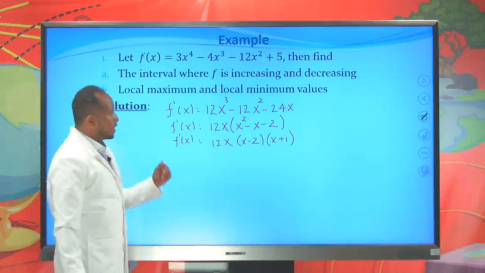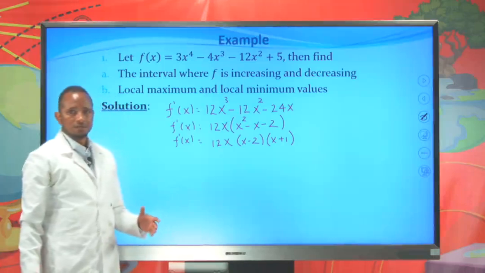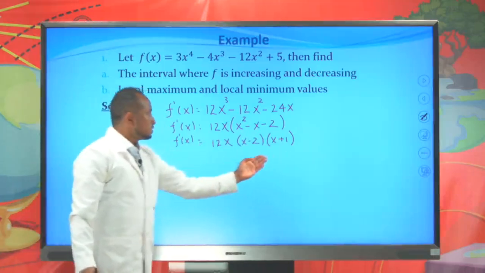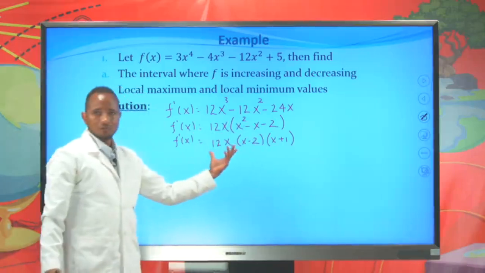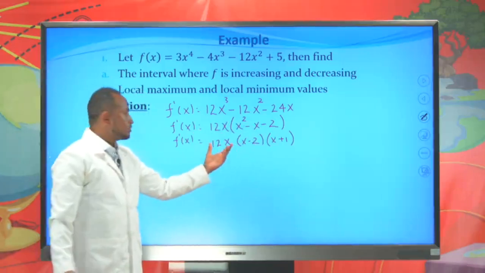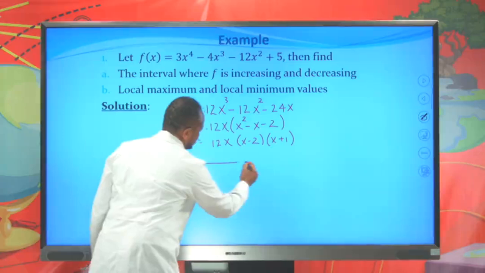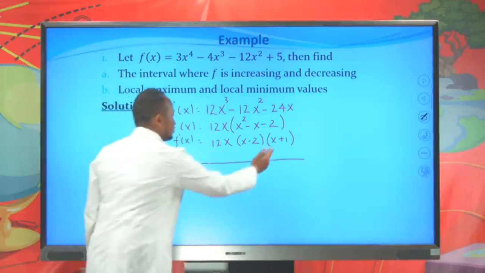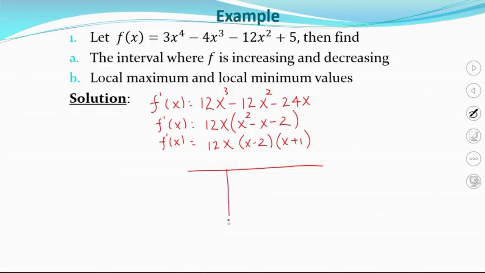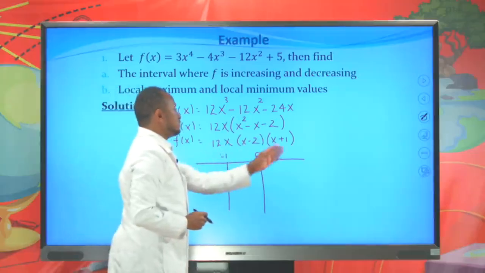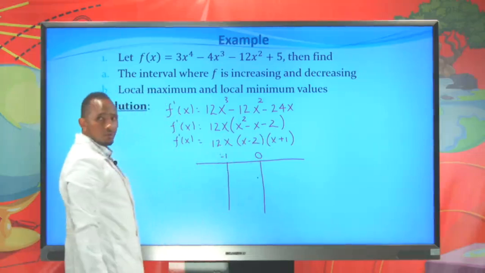To determine the increasing and decreasing intervals, we need to find the sign of this value. To find that, I have to use a sign chart. So let's use a sign chart. We will have x equal to -1 at this point, and x is equal to 0. We need to find the critical numbers, the values of x that make this derivative 0.